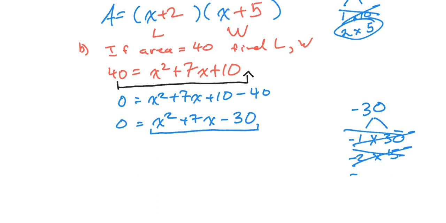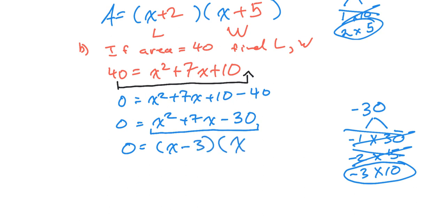How about minus 3, and we're going to multiply it by 10. So 3 times 10, and then put the minus sign on the 3. So we end up with negative 3 plus 10 gives us 7. Ooh, perfect. So that means we have 0 is equal to bracket x minus 3 and x plus 10.